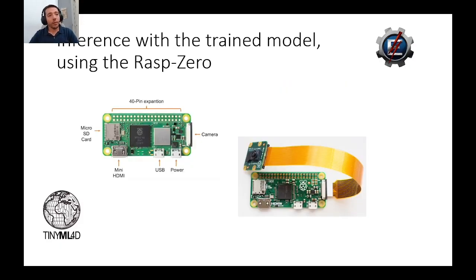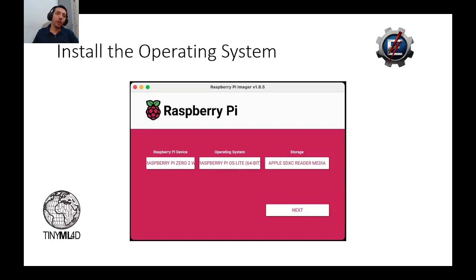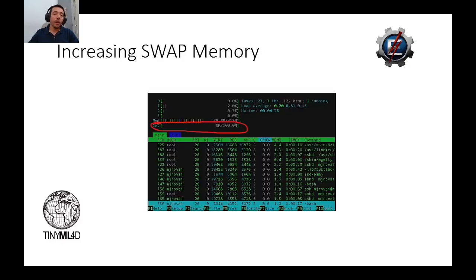The next phase of the project is to install YOLO V8 inside the Raspberry and put the Raspberry with the camera connected in front of the beehive entrance in order to estimate the number of bees entering and exiting the beehive. First, to install an operating system inside the Raspberry, we decided to use a light version, and we did a memory swap by separating part of the SD card memory to be used as memory inside the Raspberry Pi.